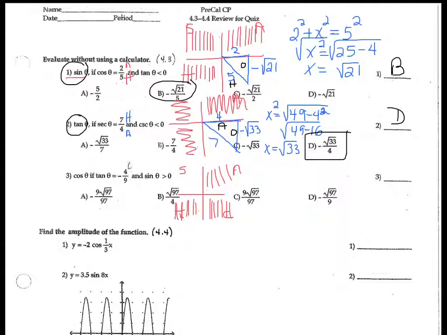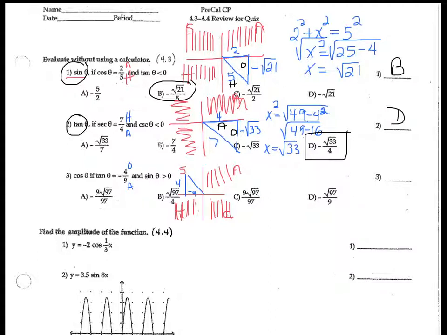Now tangent is opposite over the adjacent. Opposite is going to be 4 and the adjacent is going to be -9. Now they want cosine, which means I need the hypotenuse.